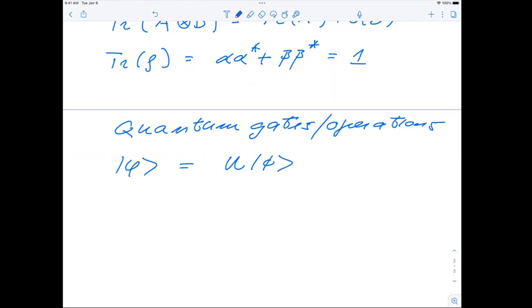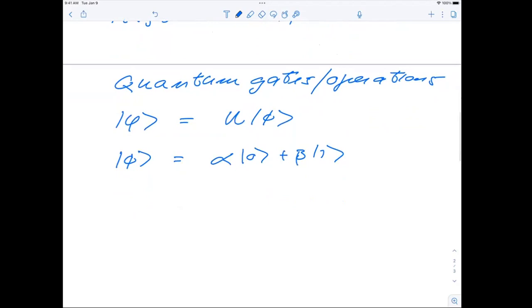So that means that this vector phi, if we now use this computational basis as an example, could be given by alpha times 0 plus beta times 1. And then the vector psi could be given by gamma times 0 plus delta times 1.